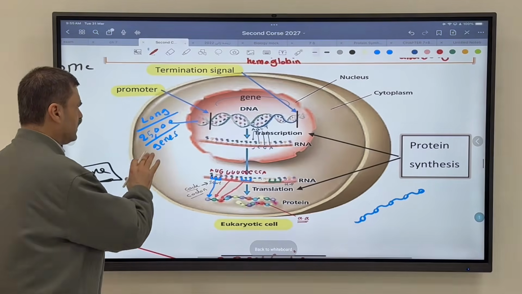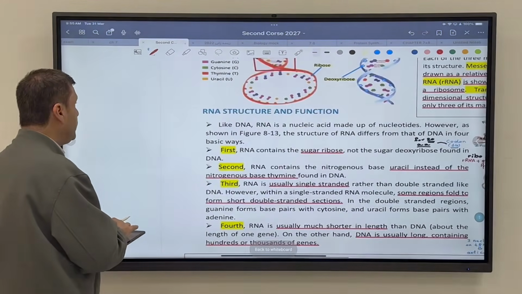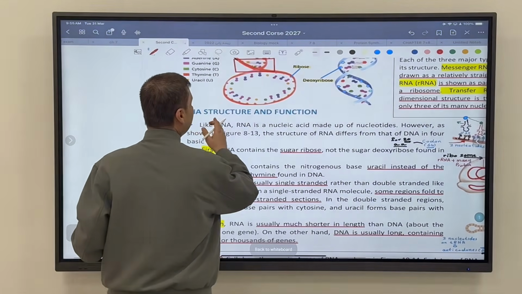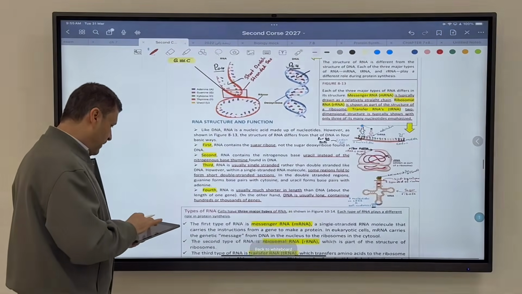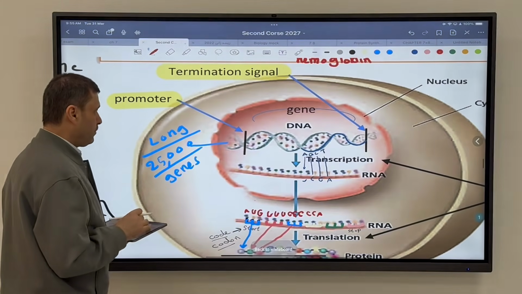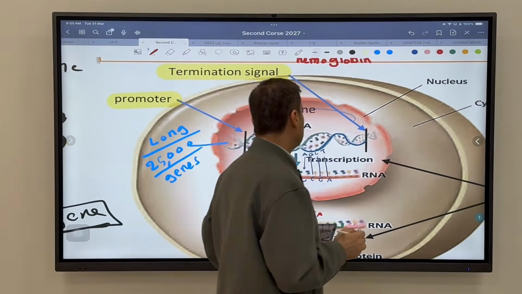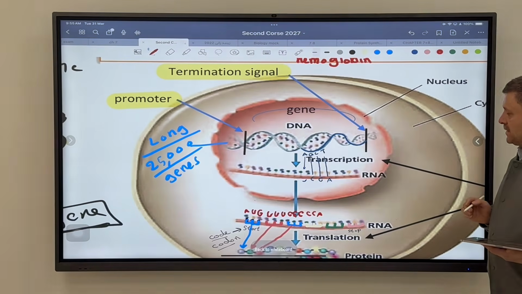That's first. Second one, on the other page, we have differences between RNA and DNA. Okay, we have 4 differences. But first, you have to memorize them, the differences, on this figure. Look, let's compare the DNA and RNA in the number of strands.